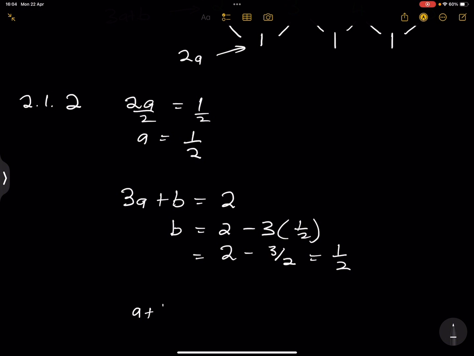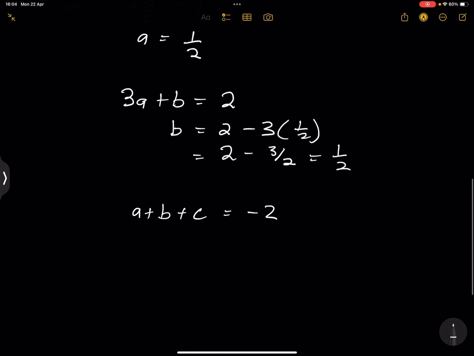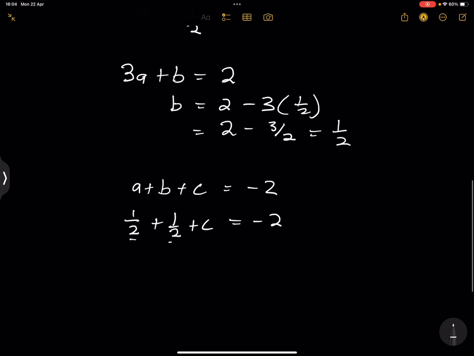We said A plus B plus C should be equal to our term 1. Our term 1 is negative 2. So that's 1 over 2 plus 1 over 2 plus C should give us negative 2. And if I say 1 over 2 plus 1 over 2, that gives me 1. And 1 plus C is negative 2.